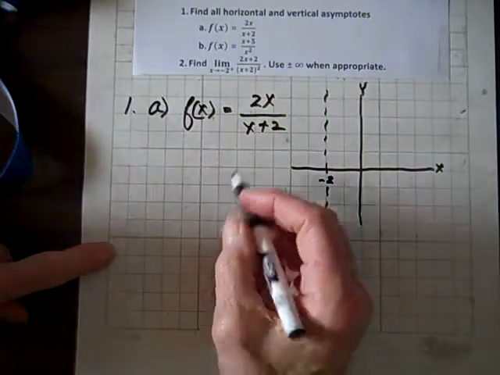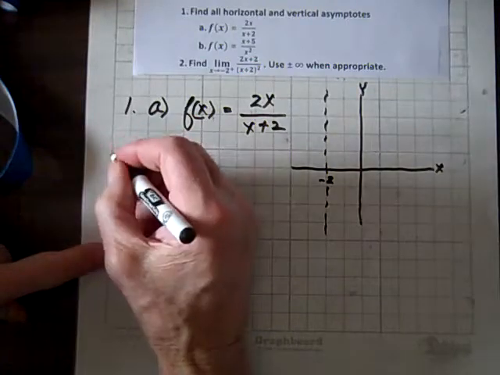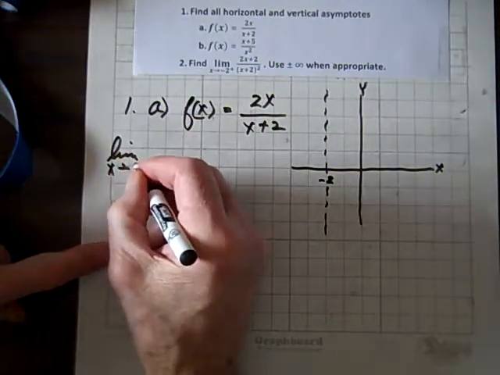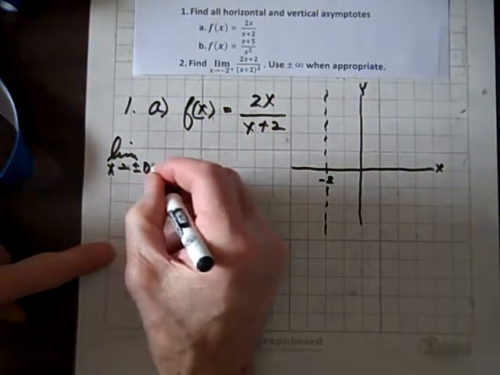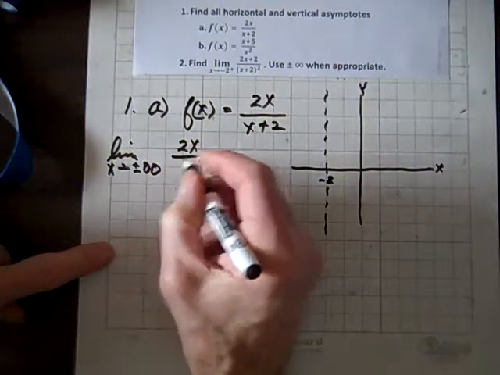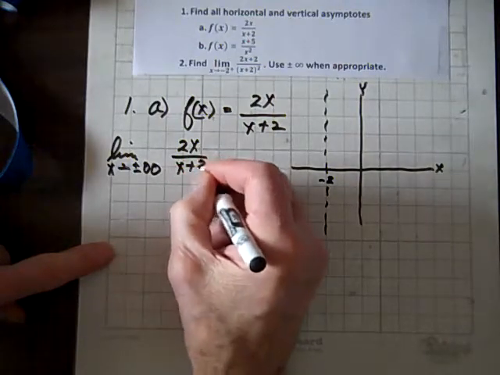And for the horizontal asymptote, we've got to look at the limit as x goes to plus or minus infinity of 2x over x plus 2.